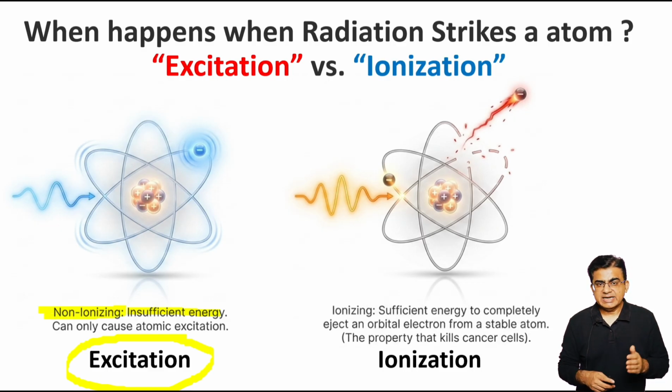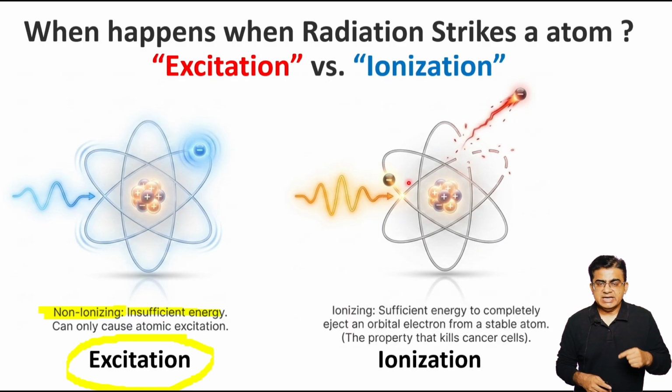But now look at the right side image. This is where the magic of radiotherapy happens. Here, a high energy photon strikes the atom. This energy photon gives a massive, violent punch to the orbiting electron.